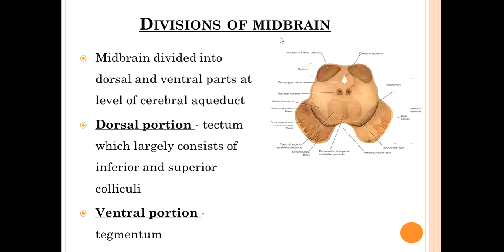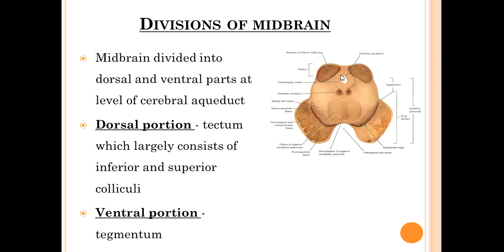Then the third one is the midbrain. This midbrain is divided into this part. The dorsal part is the tectum and the ventral part is known as the tegmentum. This part is the tectum, this is the tegmentum, at the level of the cerebral aqueduct.